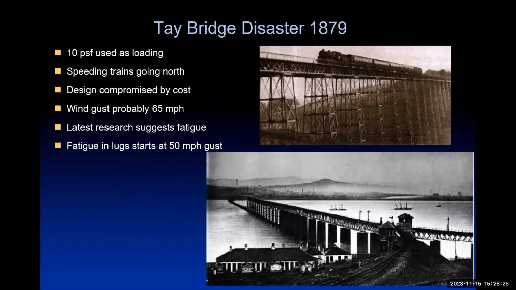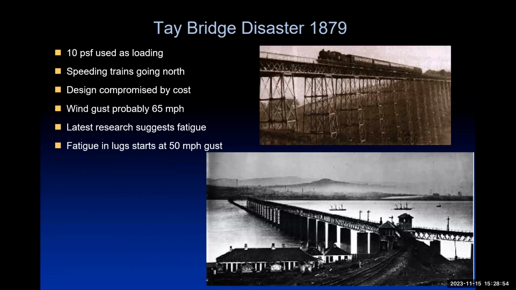So when trains sped over the bridge, they created loads which were covered by that. There was, in 1879, a disaster. There was a storm, and it blew and destroyed part of the bridge. The train was on it and fell, killing over 200 people.